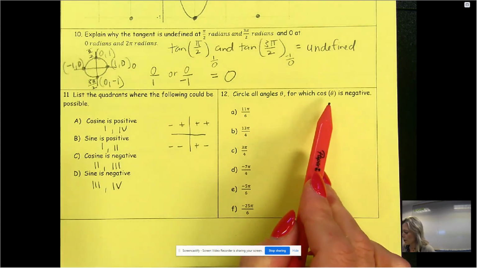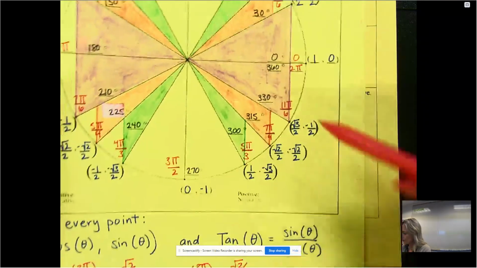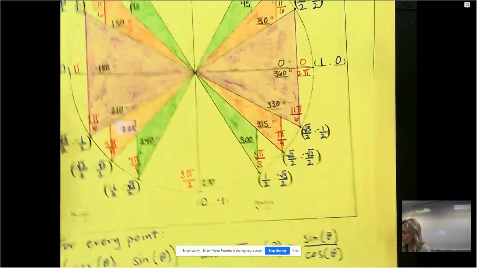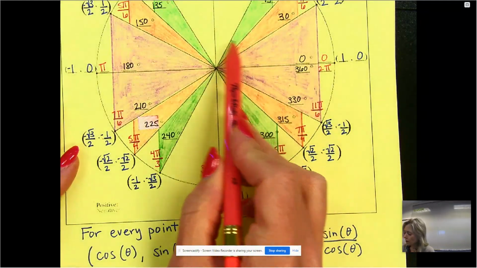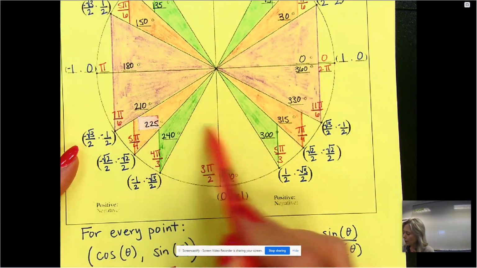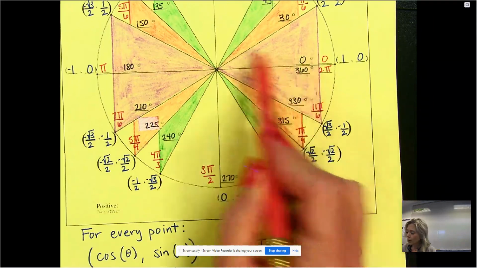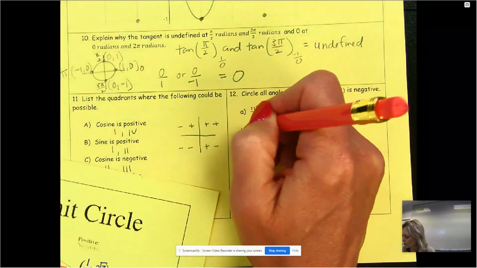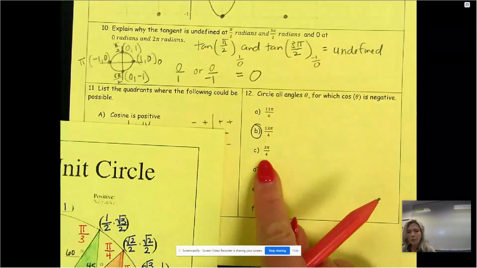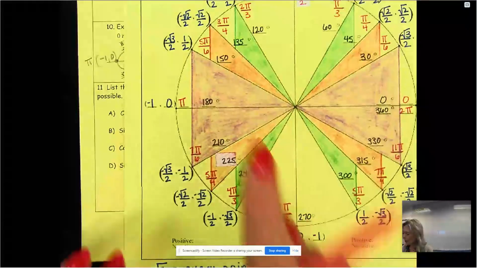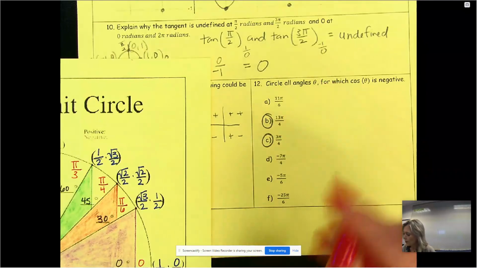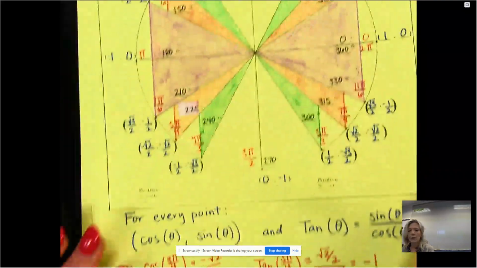Cosine of theta, so that's our x value. 11 pi over 6 is right here, cosine's positive. 13 pi over 4, so this would be 4 pi over 4, 8 pi over 4, 12 pi over 4, 13 pi over 4 is going to be in this quadrant here where cosine is negative, so circle B. 3 pi over 4 is right up here, cosine's negative, so circle C. Negative 7 pi over 4.